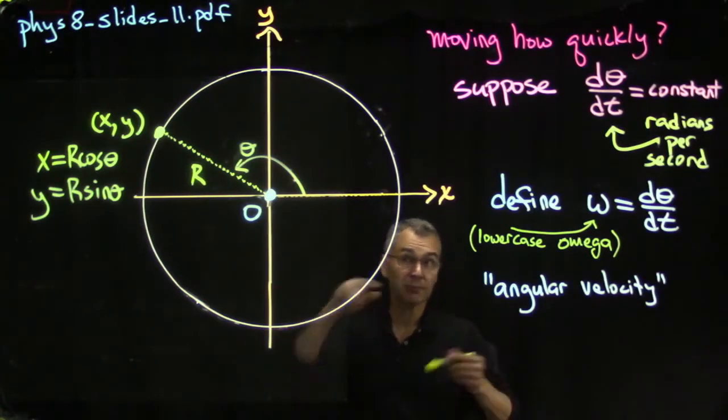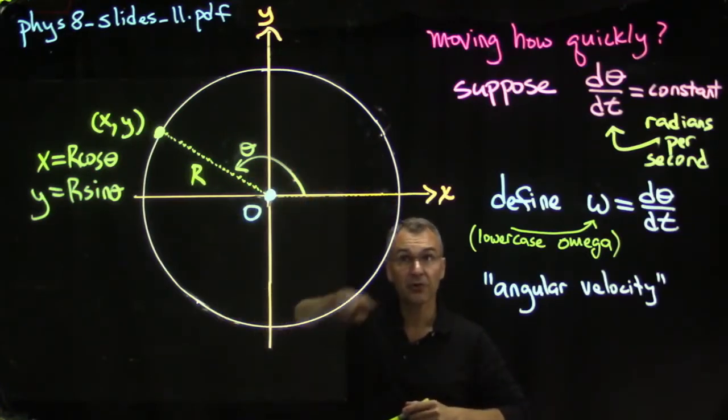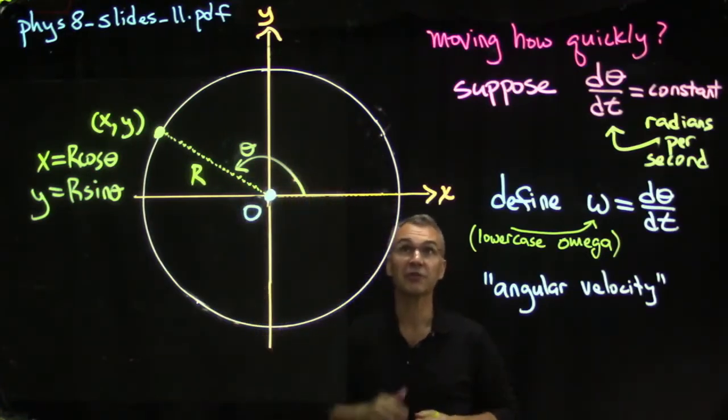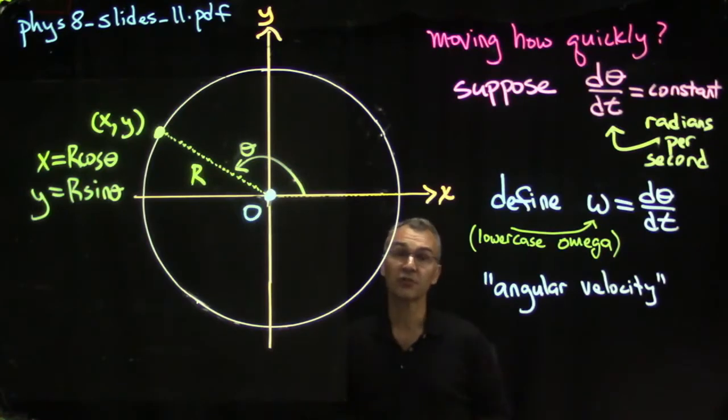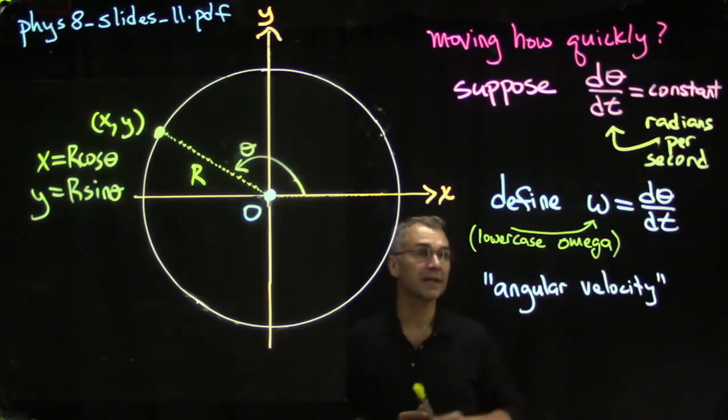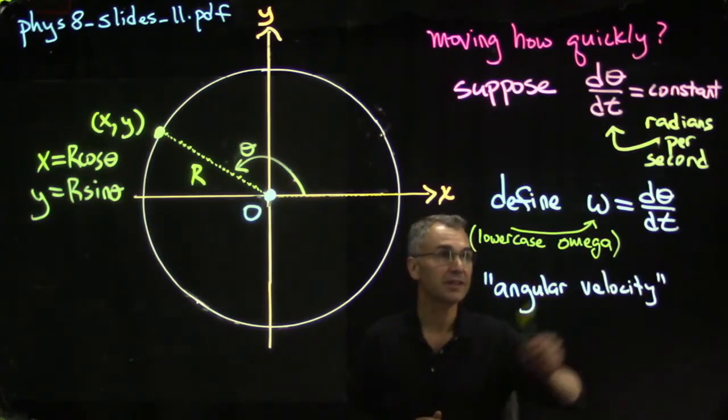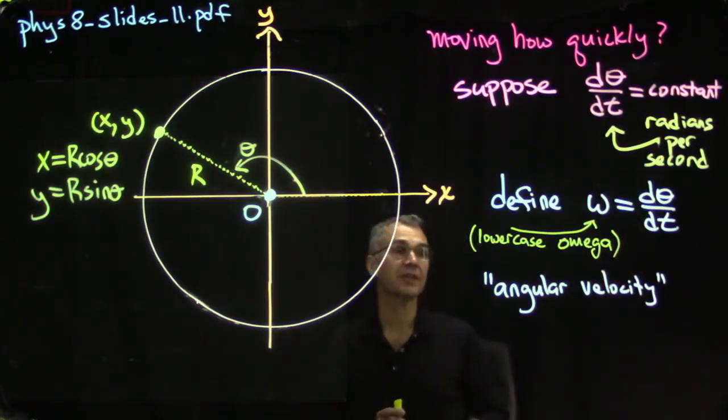Maybe it's the perfection of the circle that inspires us to name things in a way that is a tribute to ancient Greece. One way or another, tradition seems to dictate that we use lowercase Greek letters for things related to circular motion. So lowercase omega is angular velocity. It is the rate of change of the angle theta.